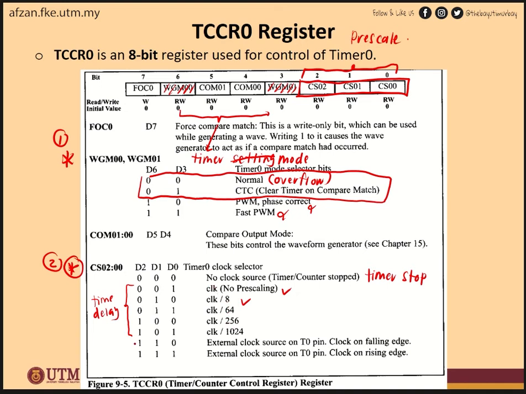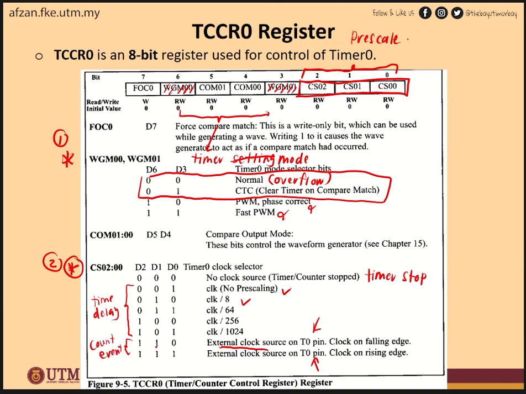If you put 110 and 111, this is an external clock source on the T0 pin. One is a falling edge, the other one is a rising edge. It means that here you want to count an event.